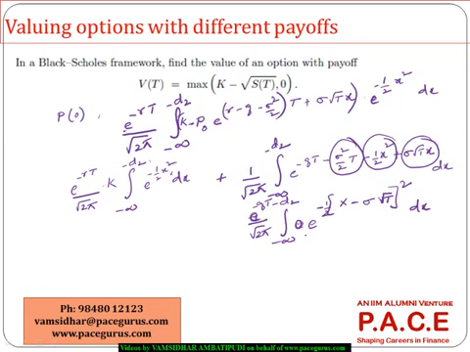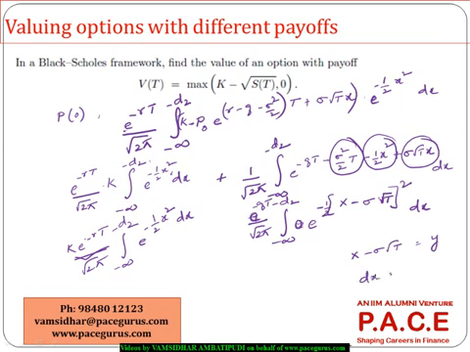So I could very well now look at the first part, which is typically k e power minus rt by square root of 2 pi, integrating between minus infinity to minus d2 e to the power of minus half x squared dx. Now if I take x minus sigma root t as y, then dx is coming out as dy.